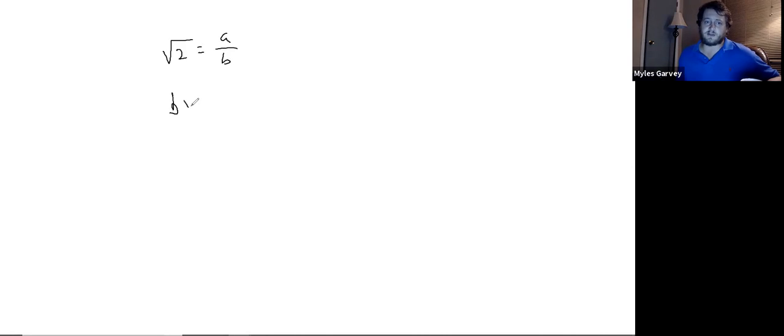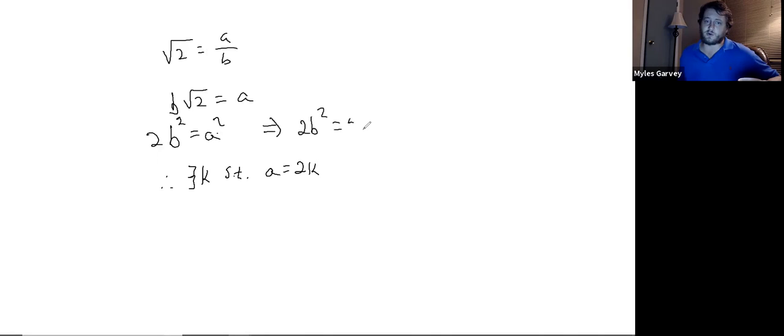Well, move B to this side, right, and square both sides, and I get A squared is equal to 2 times B squared. But if A squared is an even number, we know that A needs to also be an even number, and therefore there exists a K such that A is equal to 2 times K. If we plug that in here, we get 2 times B squared is equal to 4 times K squared, right?